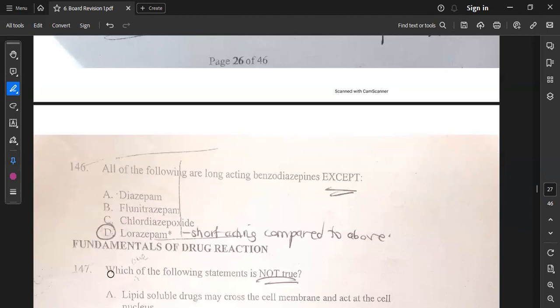Yes, ultra short, short, and long acting. So ultra short is midazolam. I don't know that for sure.